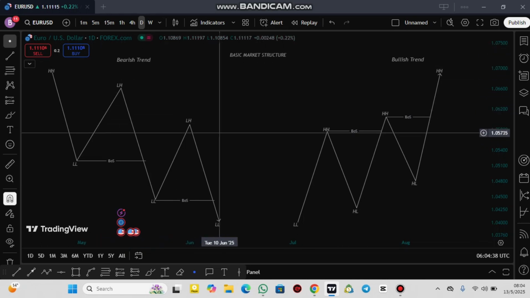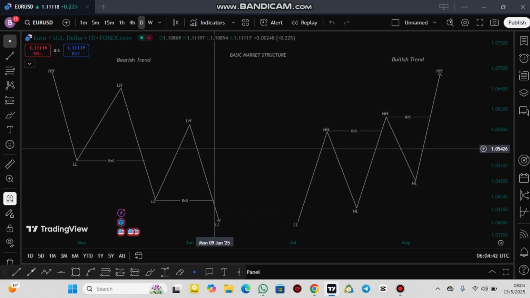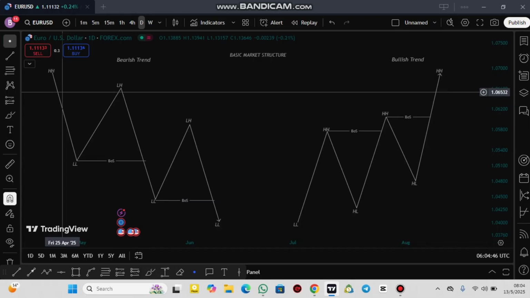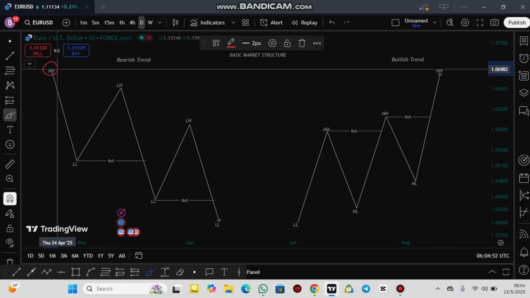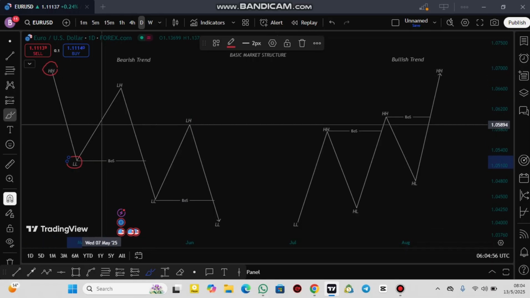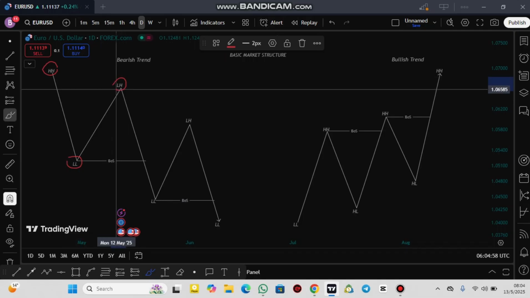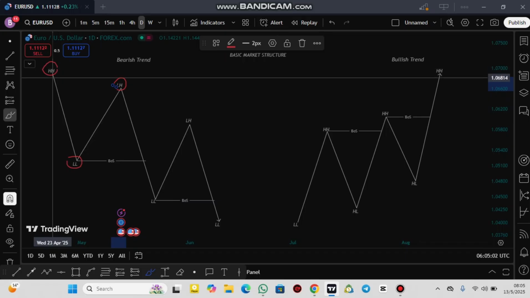How to identify if price is bearish. The first thing you need to see to identify a bearish market is a higher high, right? So this HH means higher high, and this LL means lower low. This LH means lower high because this high is lower than this high.